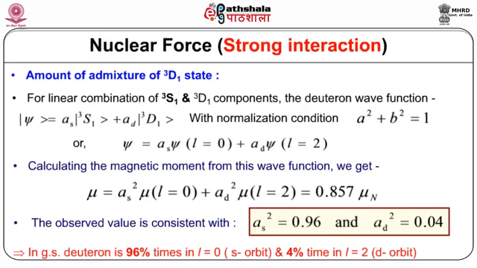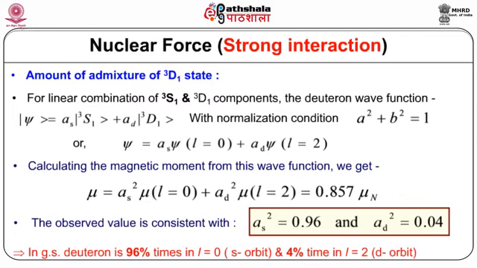That is the amount of admixture of the 3d1 state for a linear combination of 3s1 and 3d1 components. The 3s1 component is because of the L equal to 0 contribution, and the 3d1 component is due to the L equal to 2 contribution.